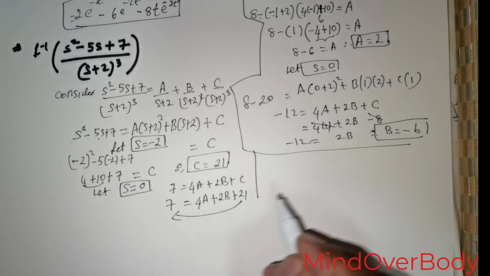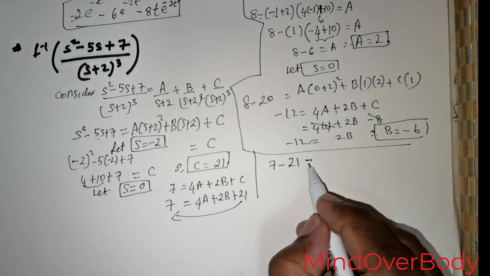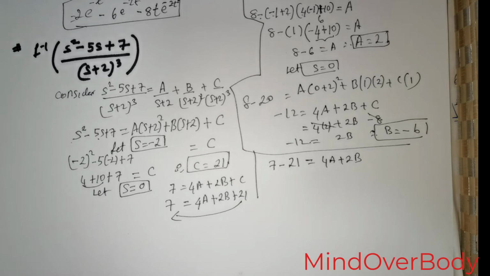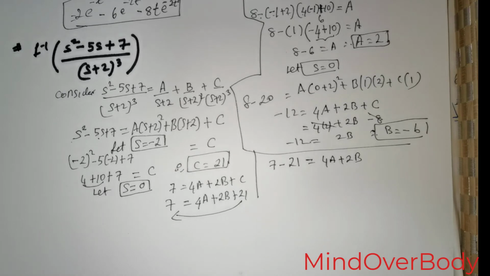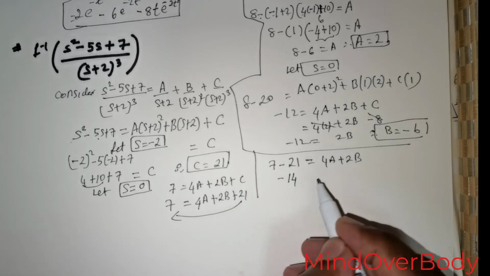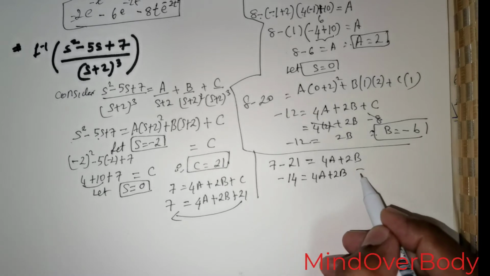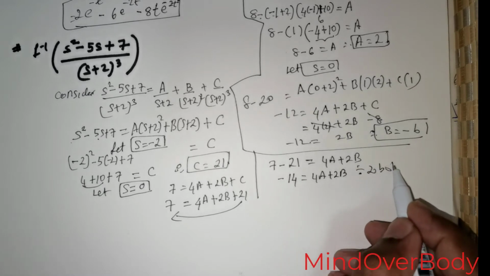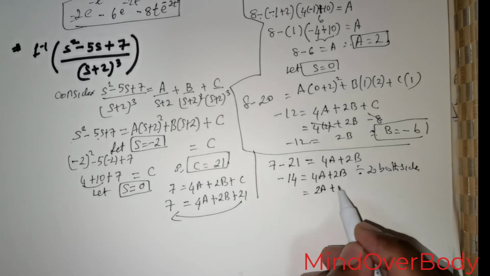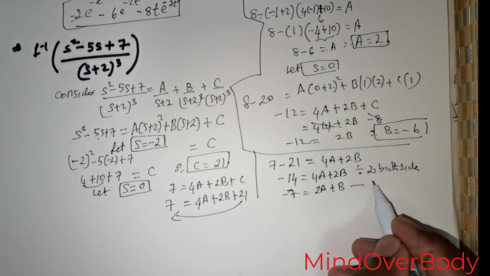If I were to push this over here, it's going to be 7 negative 21 is equal to 4A positive 2B. So when we subtract, this is going to give me negative 14 is equal to 4A positive 2B. Now I divide by 2 both sides, and that would give me 2A positive B is equal to negative 7. So let me have this as one system.